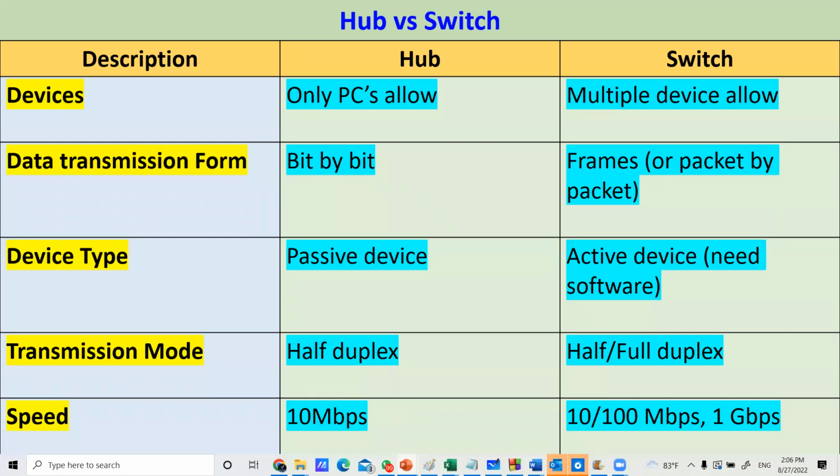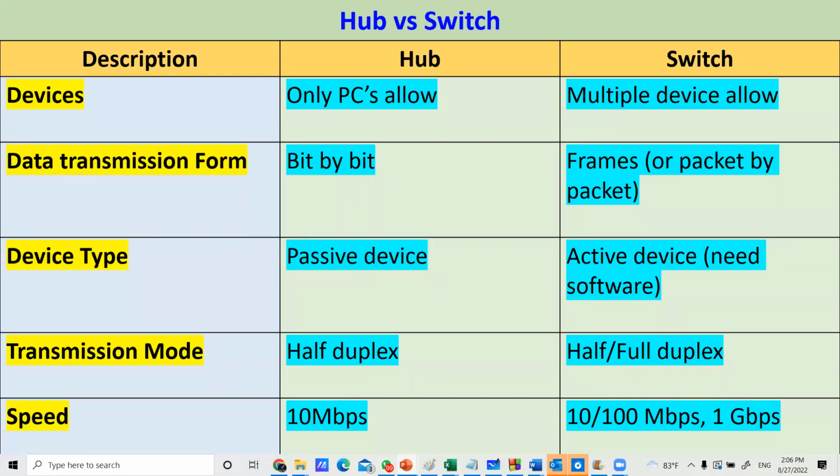But if you are using a hub, only PCs are allowed to connect with each other. Then regarding data transmission form, if you are using a hub, data travels from one location to another bit by bit, right? But if you are using a switch, in that case, the data travels as frames, packet by packet.